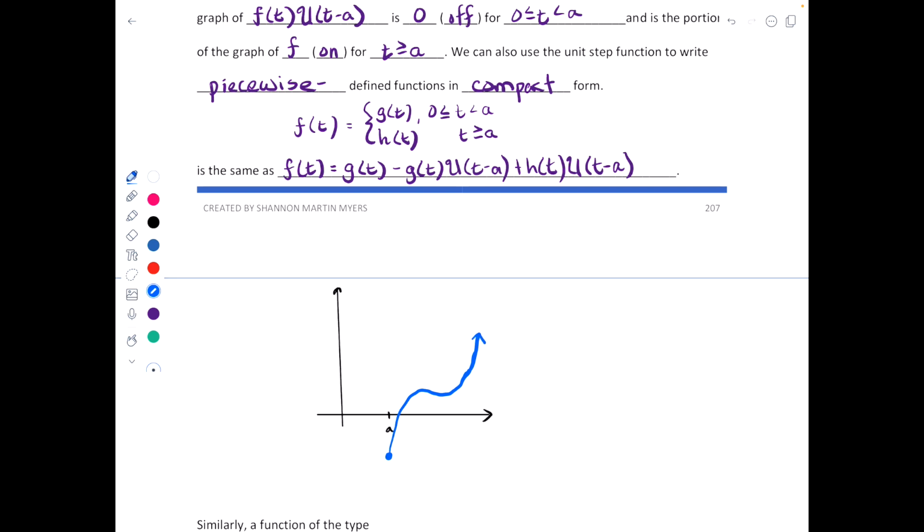And that would be your h at t starting at a. And then that g at t, maybe it's just at 0, right? It's just turned off until a.